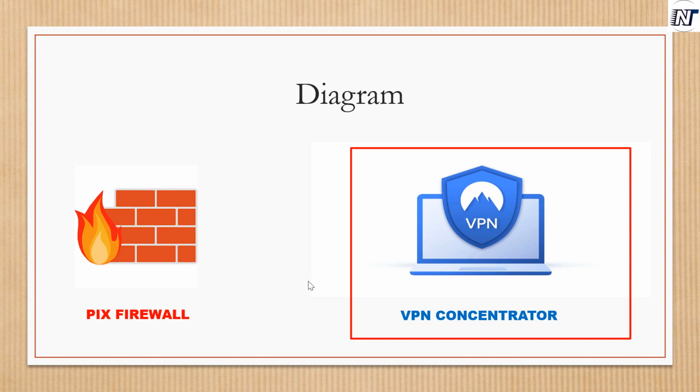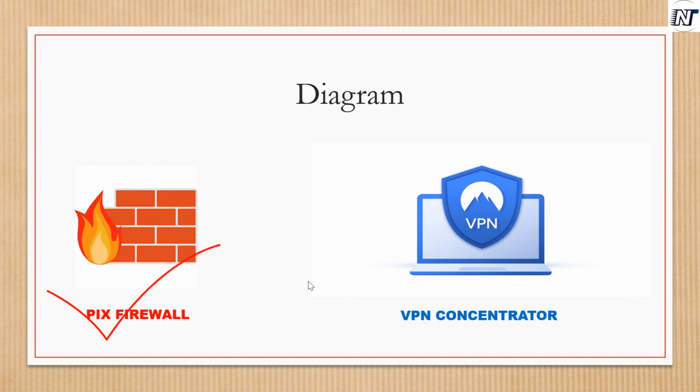So initially Cisco sold two products, the PIX firewall as the firewall product and the VPN concentrator as the device that would terminate your VPN, like LAN to LAN VPN or remote access VPN. So initially they kept on selling it as two different products.